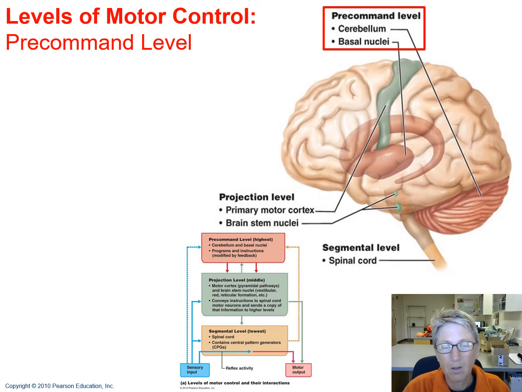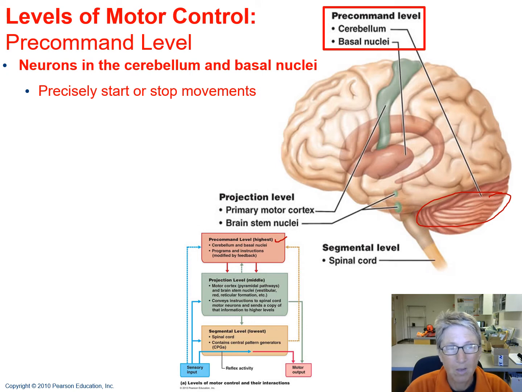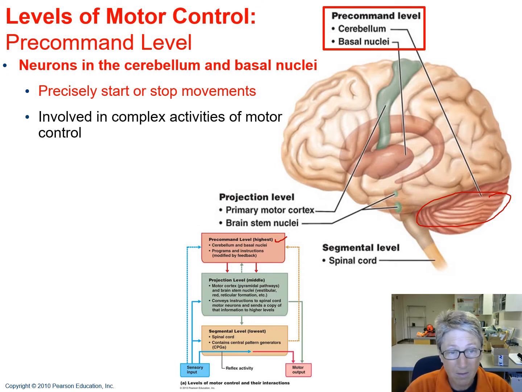We're still looking at the pre-command level, which is the highest level of motor control. At the pre-command level, you have your neurons in the cerebellum and in the basal nuclei. And we just said the basal nuclei is where you can precisely start your movement, or precisely stop your movement.